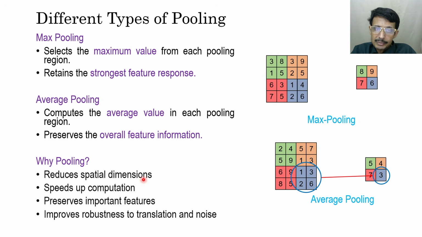It reduces the spatial dimension, as we have seen, by retaining just the most important information. It speeds up the computation because computational complexity is reduced. It preserves the important features and improves robustness to translation and distortion. So it acts as a small translation invariance and noise reduction step.